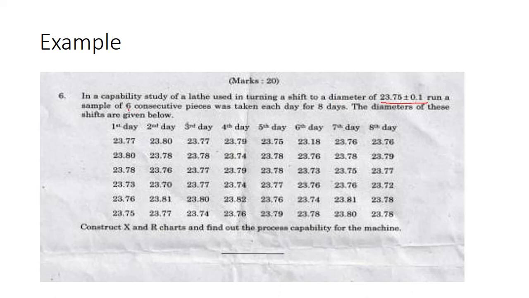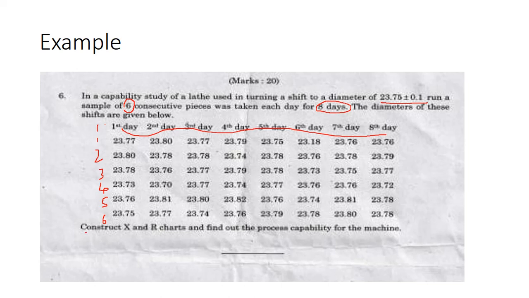The sample size is 6 consecutive pieces, taken each day for 8 days. The diameters of these shafts are given below. Here the sample size is 6, numbered 1 to 6, and the number of samples is 8, 1 up to 8.